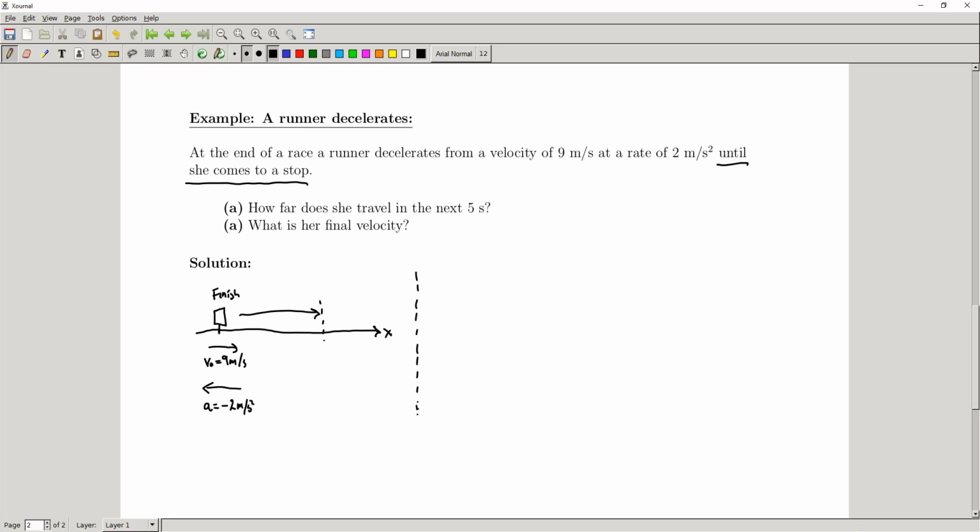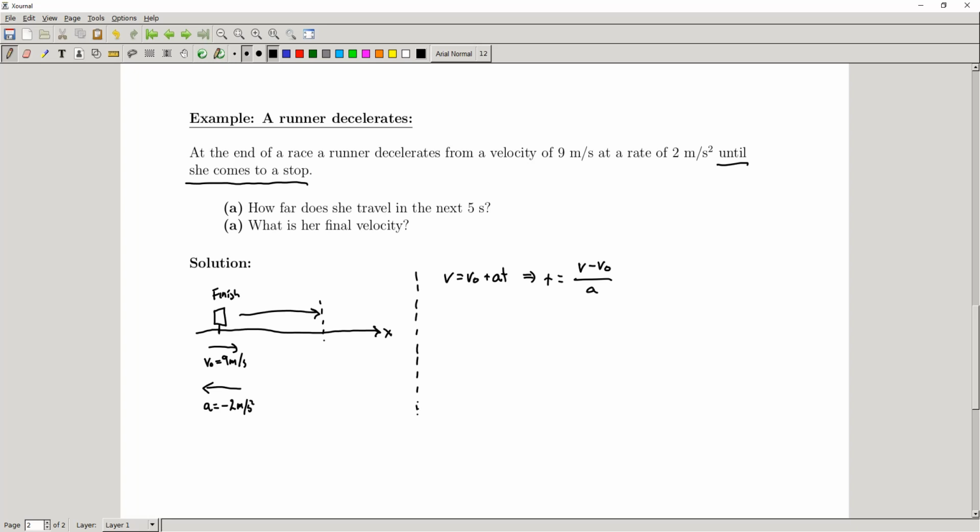We want to find an equation that's going to give us the time at which she's going to come to a stop. And if we look at our third equation that we developed in the last video, we're going to see that it looks like this. And we can clean this up a little bit. We want to solve for the time that she comes to a stop, so we're going to have (v minus v0) over a is equal to t.